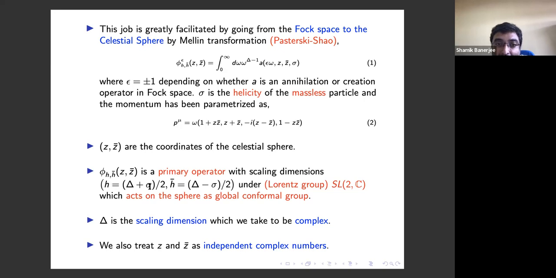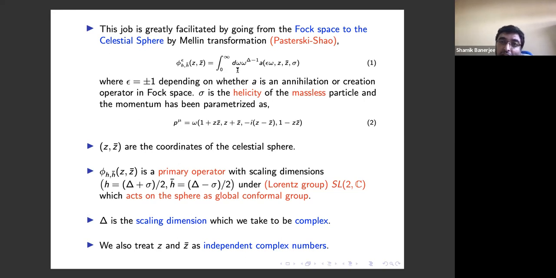So h is delta plus sigma by 2, and h bar is delta minus sigma by 2, and this sigma is the helicity of the massless particles. Now after this integral transformation, z and z bar are interpreted as the coordinates of the celestial sphere, which in the case of the 4-dimensional asymptotically flat space is an S2.